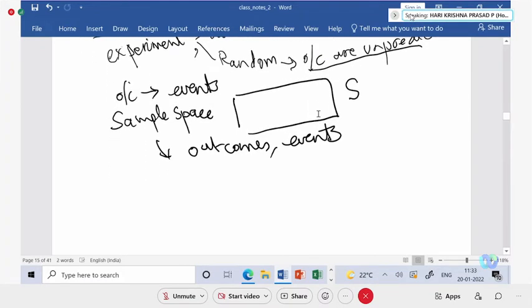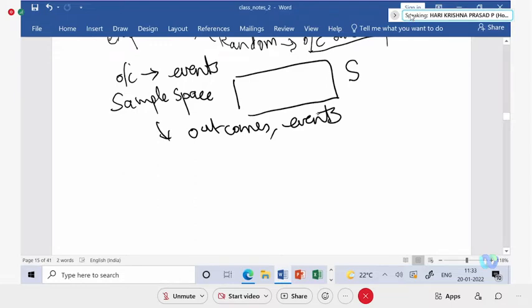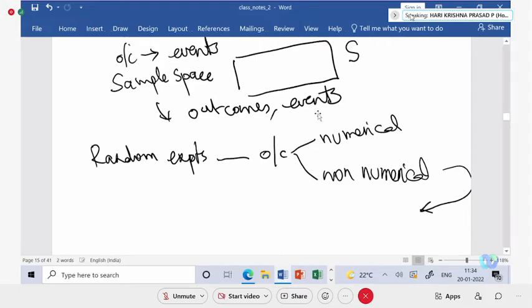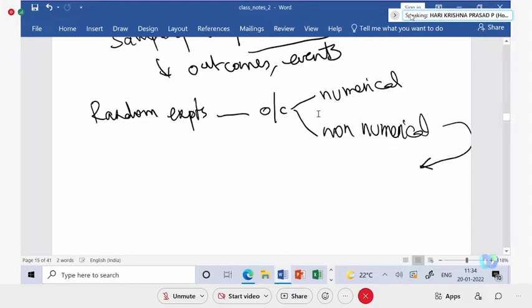Okay. Then when we are dealing with random experiments, we found that in some experiments, outcomes are numerical in nature, and in some experiments, outcomes are non-numerical in nature. So what we did in the previous class, let us represent the outcomes of the experiment where non-numerical data is coming up by numerical values.